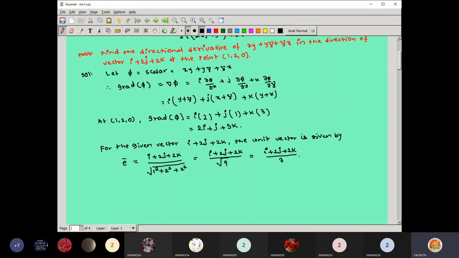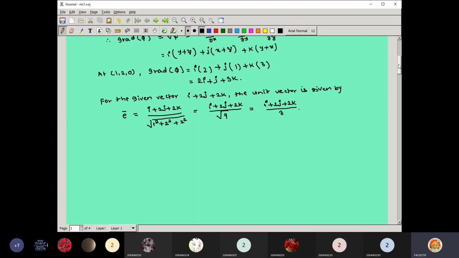Once getting these two, now you are calculating the directional derivative. So therefore the directional derivative is equal to, as per the definition, e bar dot gradient.